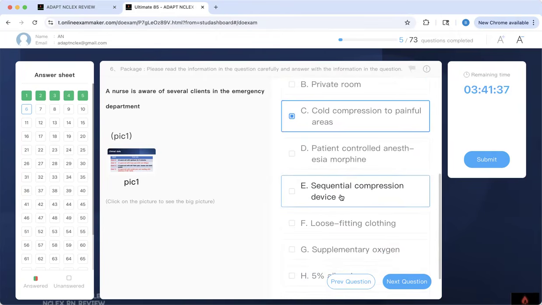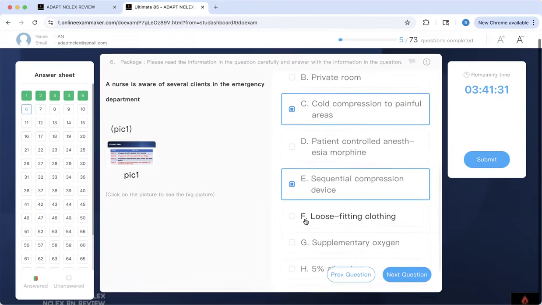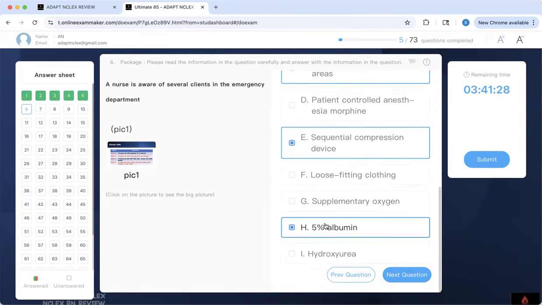Sequential compression devices will cause more ischemia, no SCDs. Loose-fitting clothing is good. They will need some oxygen. 5% albumin is not needed. Hydroxyurea is used for sickle cell, but it's used in what? Chronic conditions, not acute. Maintenance. This is an acute problem. Hydroxyurea is not going to work.